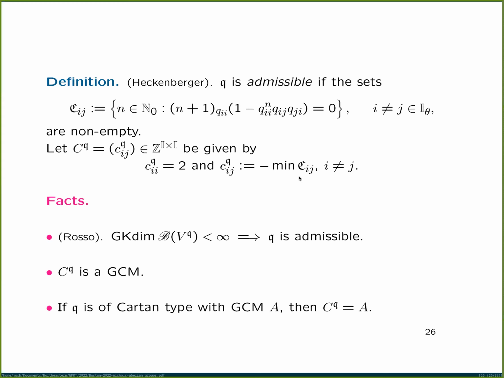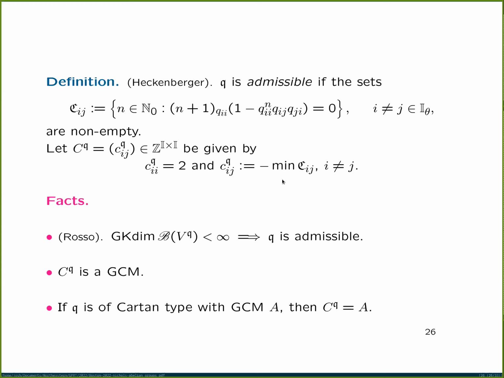The second definition of Heckenberger, part of the definition of Heckenberger, says the following. Suppose that q is admissible. Then set c_ii^q equal to 2. And for c_ij^q, you look at the minimal natural number or 0 inside this set and put a minus, for i different from j.